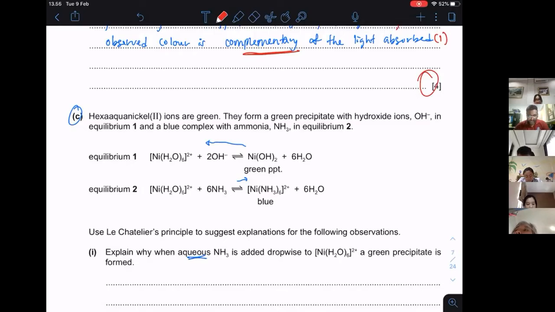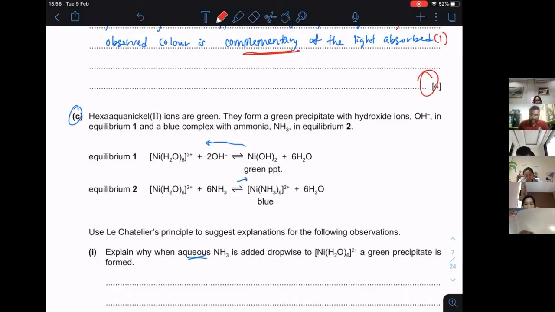But here they are telling the colors themselves. The hexa aqua nickel ions are green, and they form a green precipitate with hydroxide ion in equilibrium 1, and a blue complex with ammonia in equilibrium 2.